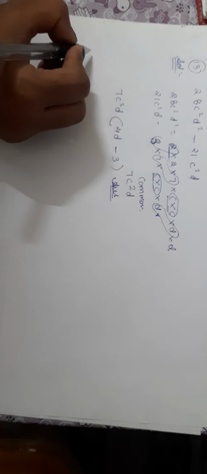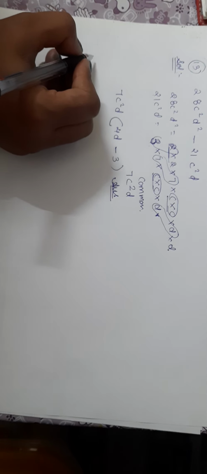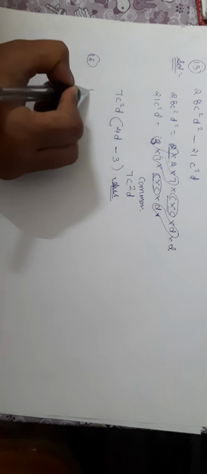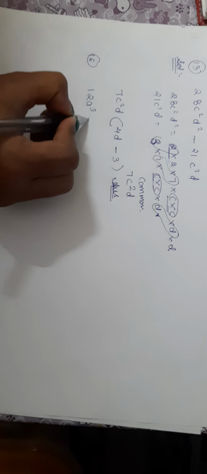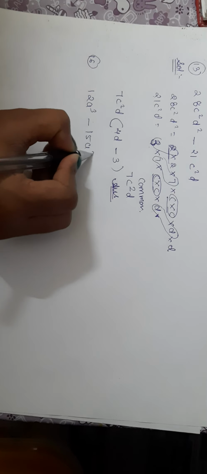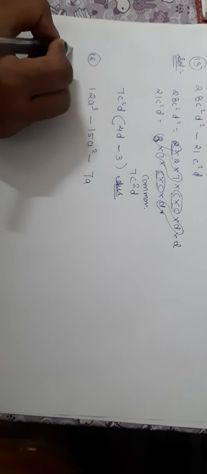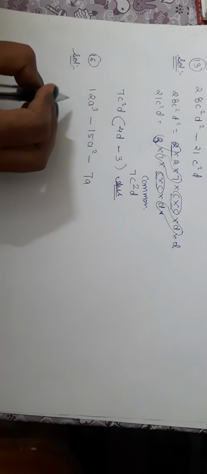Okay, now let's take one more example. Let's take the 16th question here: 12a cube minus 15a square minus 7a. What is the next step here? You will take out the factors for each.